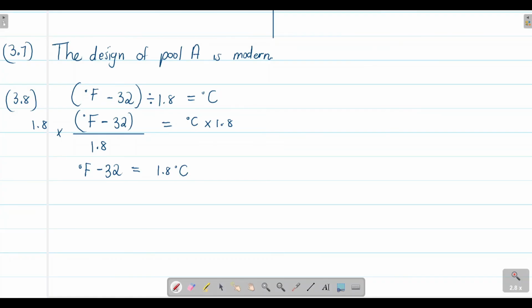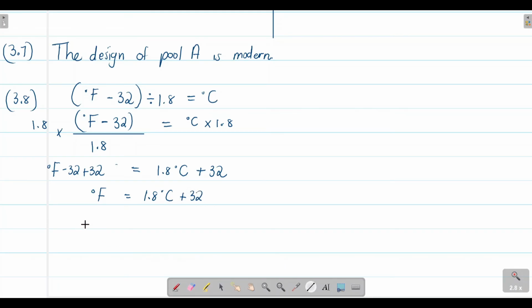So I'm going to add 32 on the left hand side to get rid of the negative 32, and if I've added on the left hand side, I need to add on the right hand side. Therefore negative 32 plus 32 is 0, so degrees Fahrenheit is equal to 1.8 times degrees Celsius plus 32.